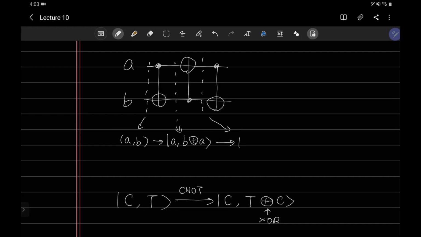So this notation should be applied in the opposite way, meaning that the control qubit won't be changed, but because the second qubit is the control qubit, the first qubit should be changed by using this rule, which means that it should be a XOR b, a, which comes from here, right?